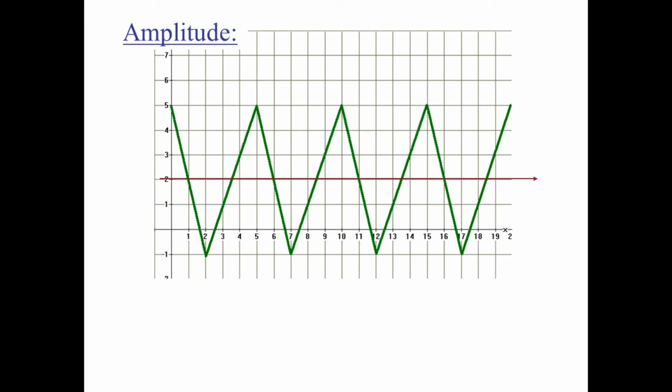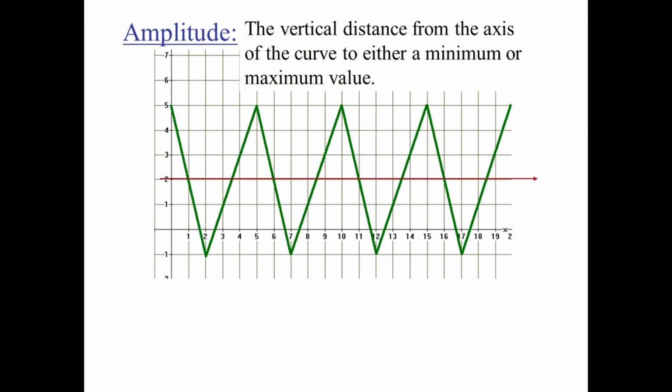The next vocabulary word for this video is amplitude. Amplitude has a definition. It is the vertical distance from the axis of the curve, which we know to be the middle, and the high or the low point. That distance, the length of that red line, is the amplitude of a periodic function.